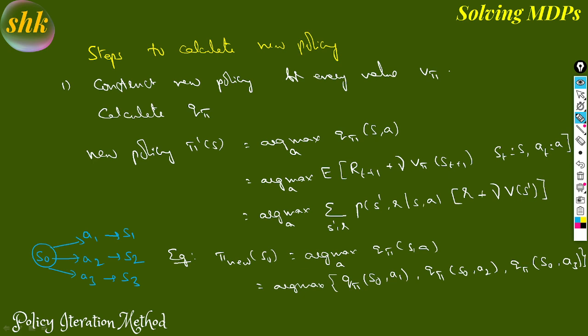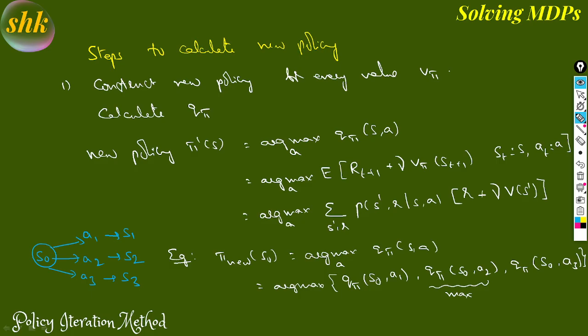So out of all these quantities, we are going to take the maximum value of Q for a particular policy, that will be picked. Let us assume this one has the maximum value.